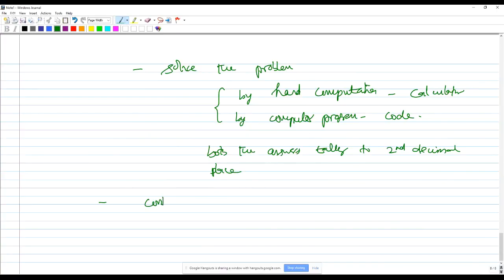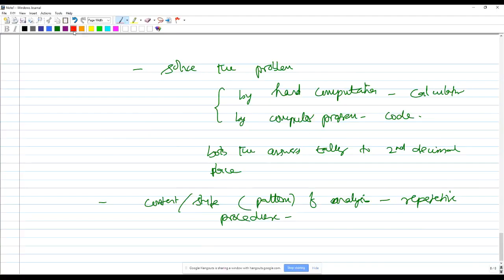The content or the style, or I should say the pattern of analysis, uses a repetitive procedure which is not problem specific. That's very, very important. It is not problem specific.